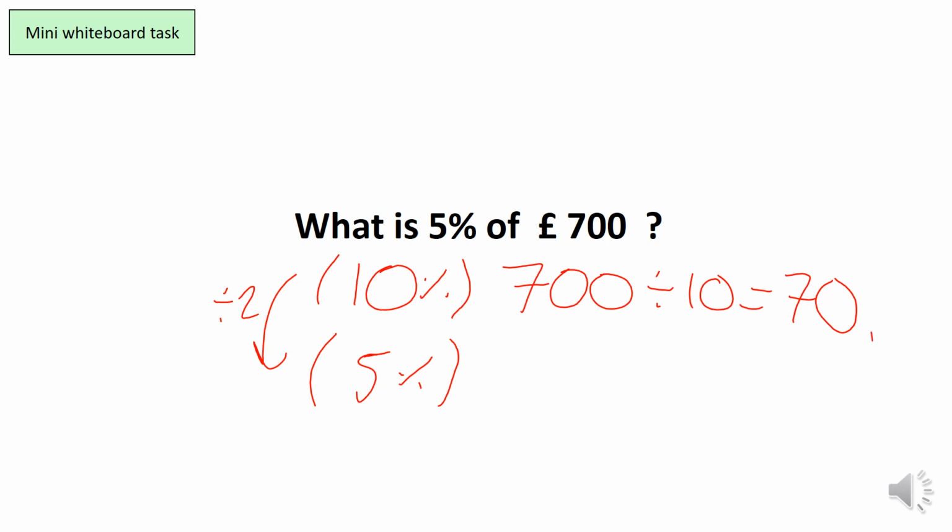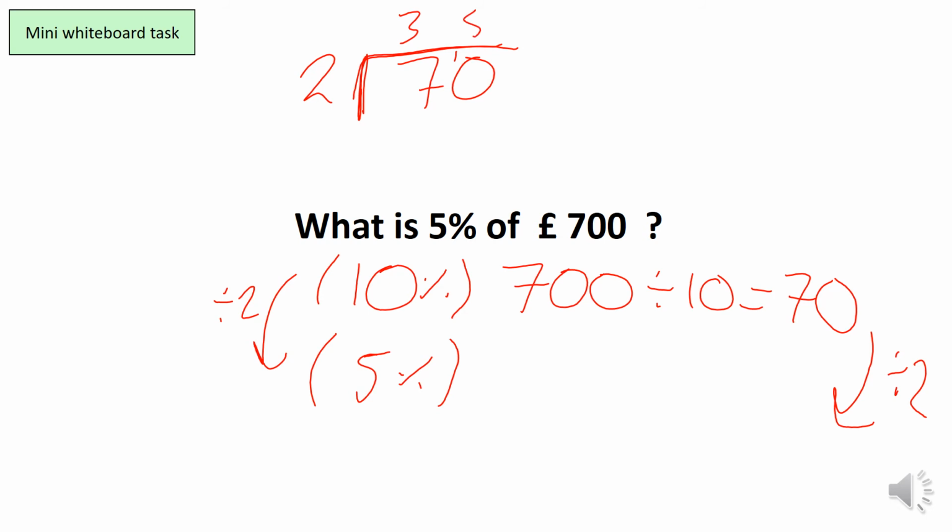So what I'm going to do here is divide 70 by 2, using the bus stop method. How many 2s go into 7? That is 3, remainder 1. Carry the 1 forward. How many 2s go into 10? That is 5. Our answer is 35. 70 divided by 2 equals 35.